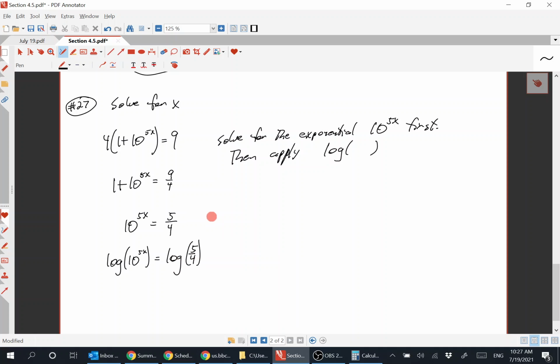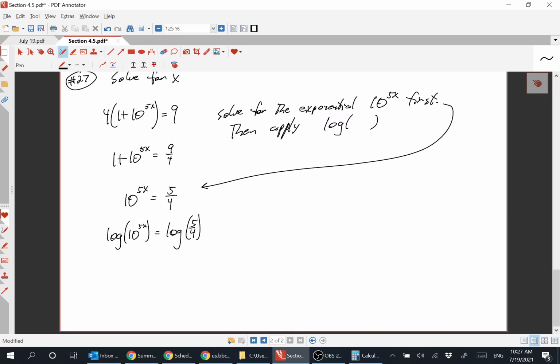So the first thing we did was to solve for the exponential 10 to the 5x first. Then apply log to each side. So this was step 1. Now I apply this to each side. So I have log base 10 of 10 to the 5x.